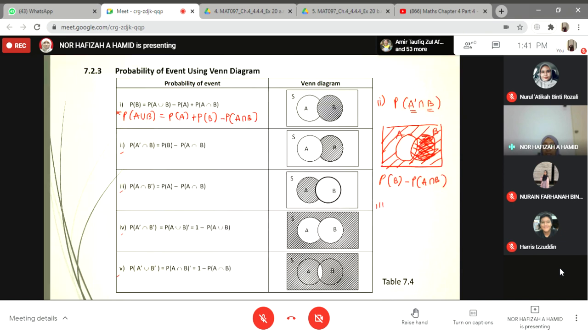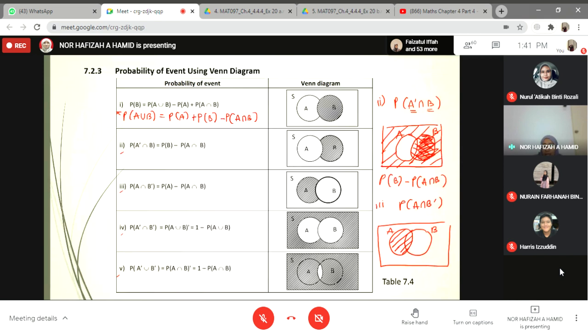Sama juga number 3. Kalau number 3, you nak calculate probability of A intersect B complement. Kalau based on Venn diagram, you ada event A and B. First you shaded region A. Next, region for B complement.